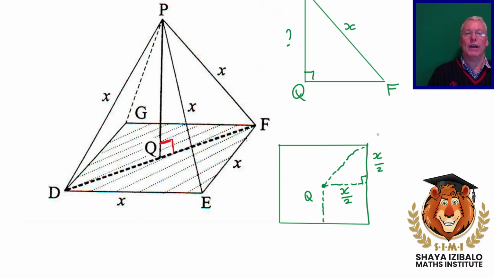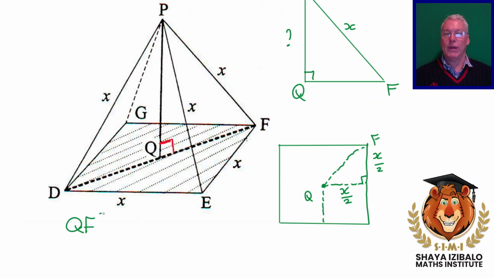So can we work out QF? Yes, we can. QF squared, I'm going to leave it squared, is going to be x over 2 squared plus x over 2 squared. So it's x squared over 4 plus another x squared over 4.